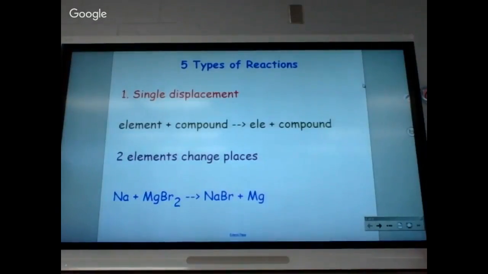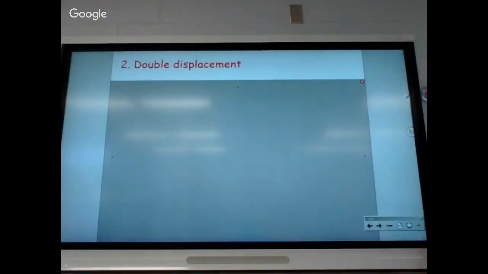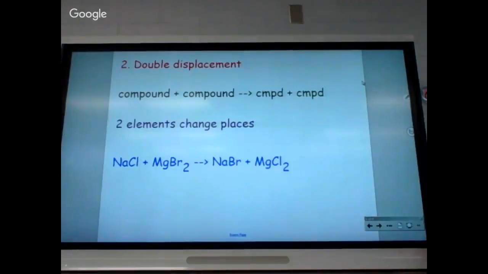Two. You've got to have one on the reactant side and one on the product side. Now, how is that different from double displacement that we talked about yesterday? They're all compounds, okay? You still have two plus signs, but in double displacement, you have no what? You have no elements. Everything is a compound. Does that make sense to everybody?